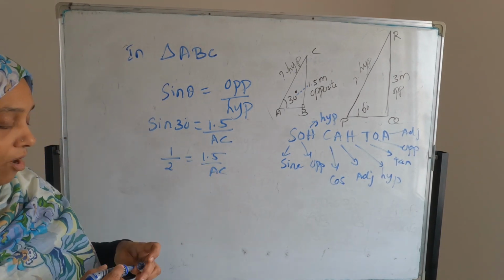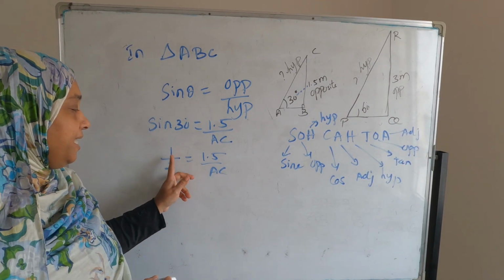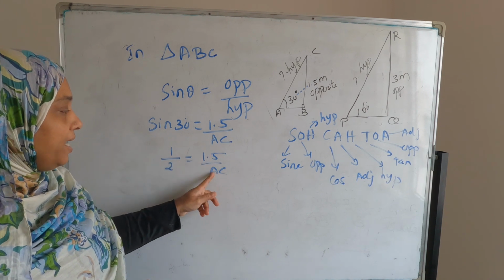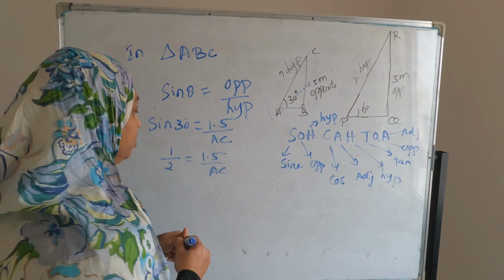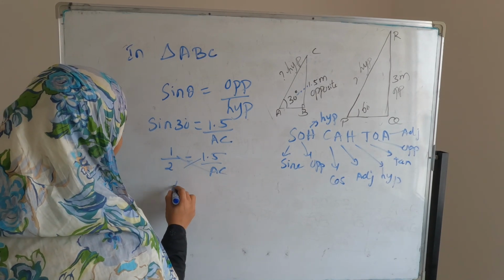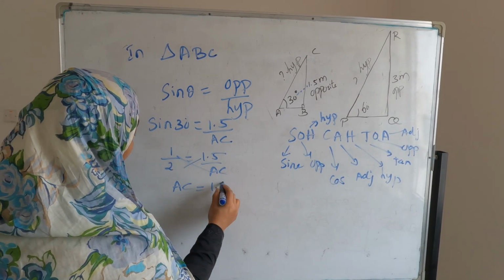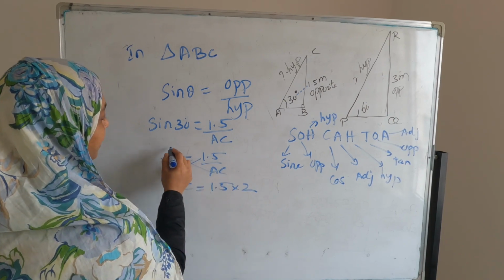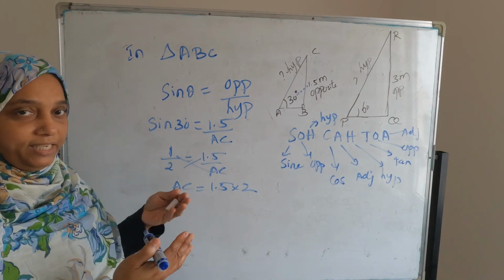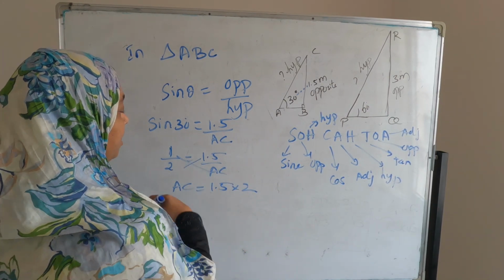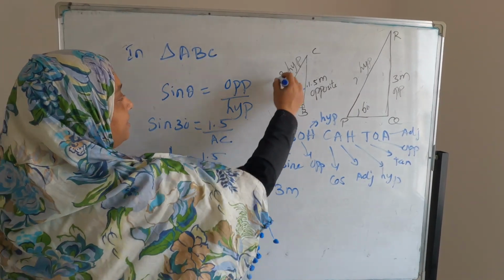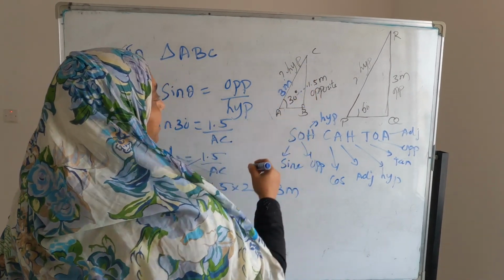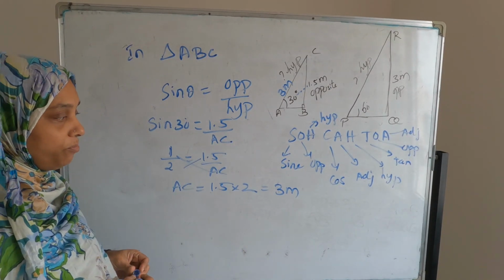Now cross-multiply: 1 into AC is AC, 2 into 1.5 is 3. Here 1 is the value, so it does not change anything. So AC is 3 meter. This slide is 3 meter long for the small children.